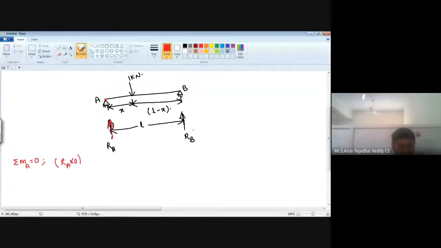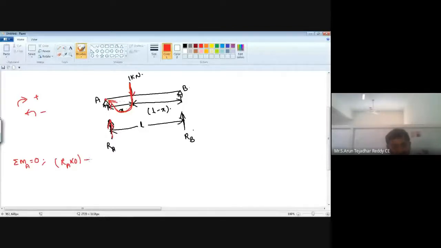Next, here the 1 kilonewton load is acting, but how is it moving? Our sign convention is clockwise is positive, anti-clockwise is negative. It is moving in this way, that is the clockwise direction.